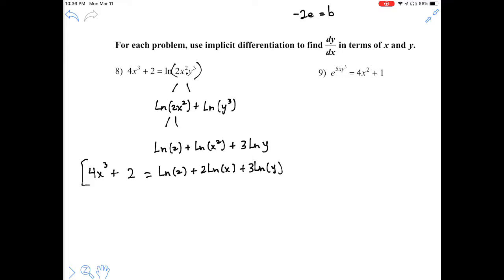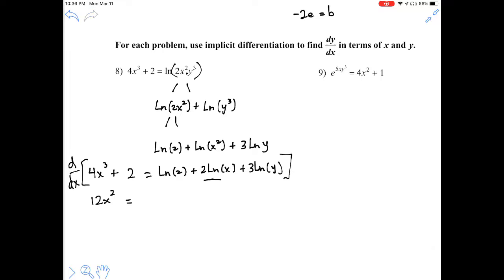Now once we've expanded all the logarithms as far as we can go is when I would take a derivative of each term one at a time. So the derivative of that first term is 12x squared. The derivative of natural log of 2 is 0, because natural log of 2 is just a number.